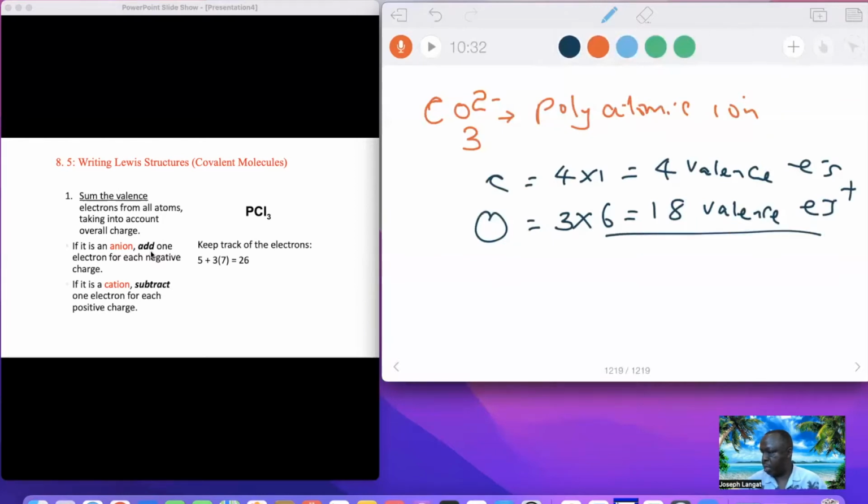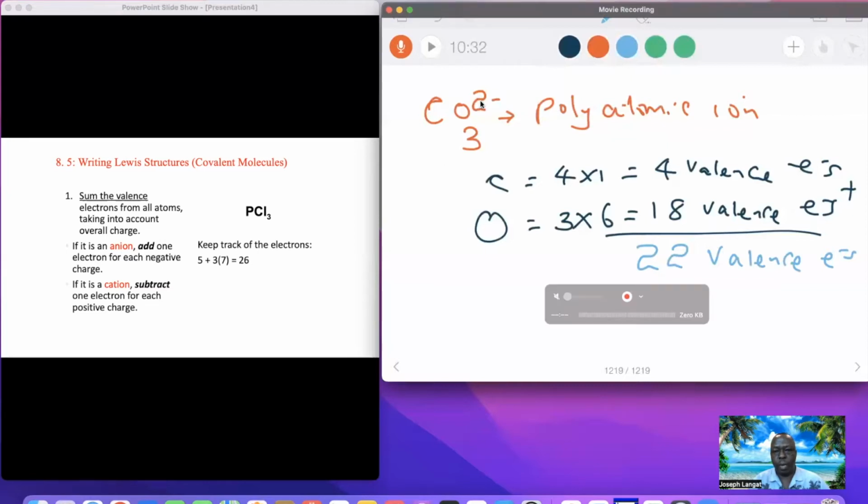Adding that up, this will give us 22 valence electrons. If you have an overall charge of negative, you add extra electrons.